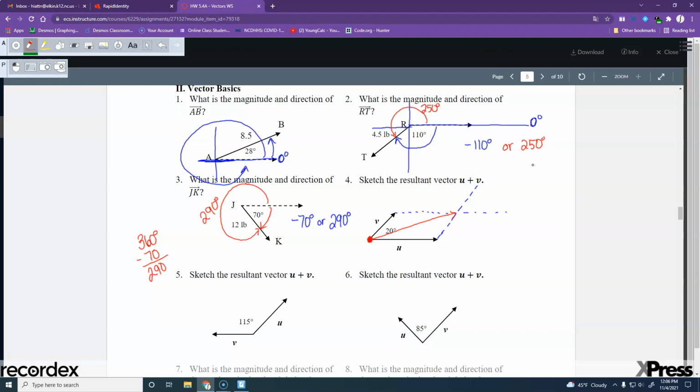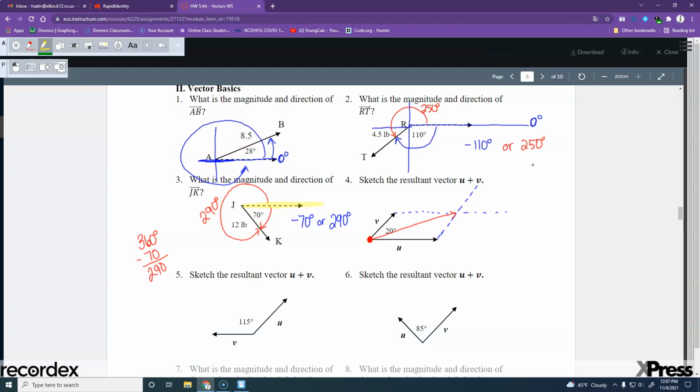Yes. Yeah, if it's below the x-axis, you are either going to give a negative angle or you could subtract it. Because on all of these, this horizontal right here, that's your 0 degrees. That's where you're starting from, if it's given like this.